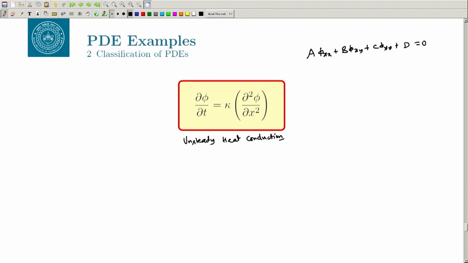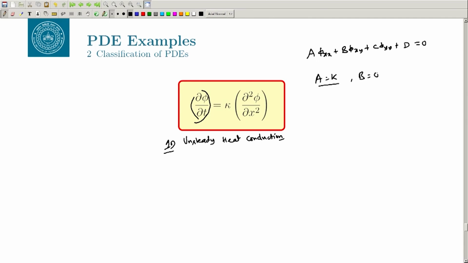Remember, we need to only worry about the highest order derivative. So, we did not worry about the lower order derivative, which is del phi by del t here, in basically characterization of the equation. Okay. And this is 1D heat conduction, so we are considering only 1D, right. So, what is A? A is here K, okay.